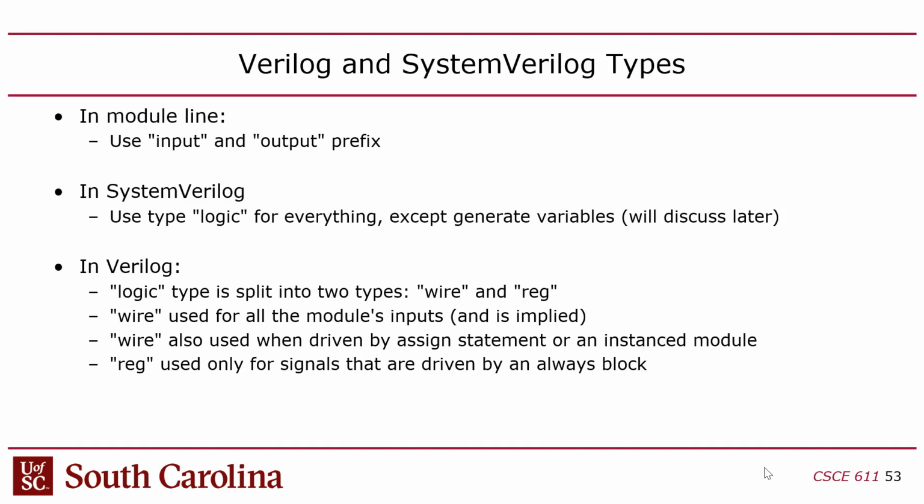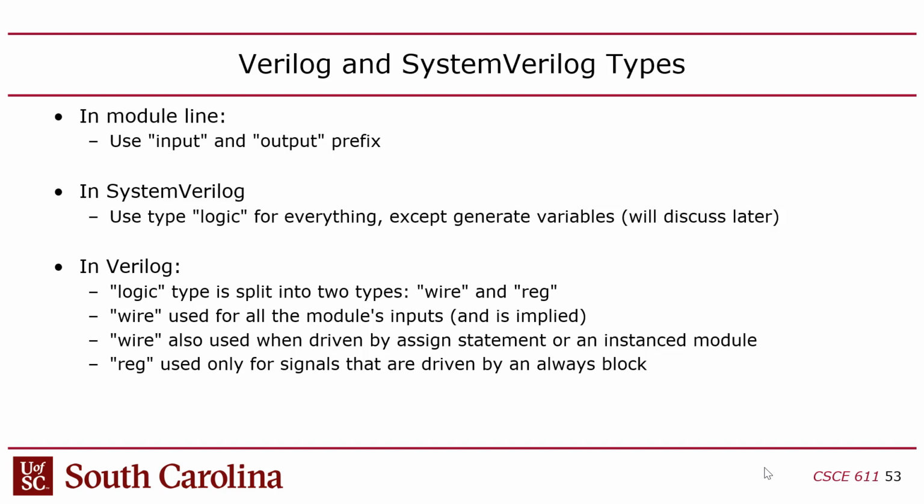I think the newer versions of Verilog are System Verilog, right? So there has been this push to go into System Verilog. You could think of System Verilog as like C++, and Verilog is C. System Verilog is a superset of Verilog, but there are a few exceptions to that, and the one I want to call out here are the types.